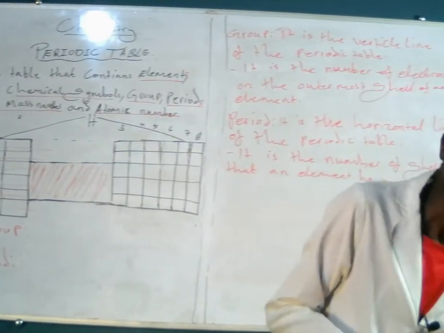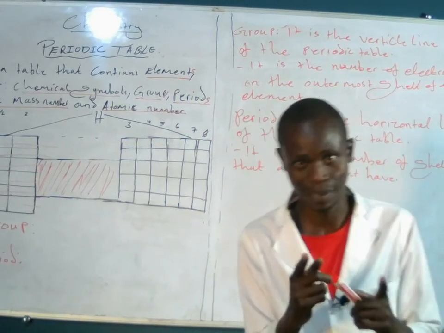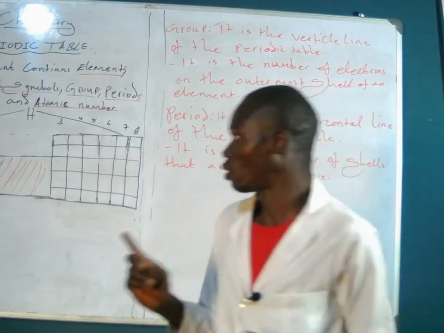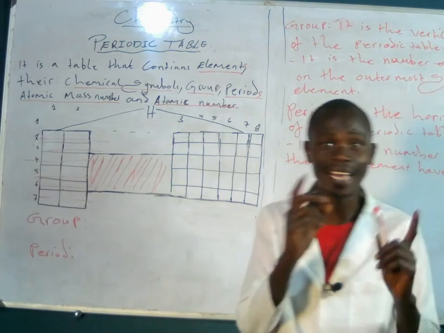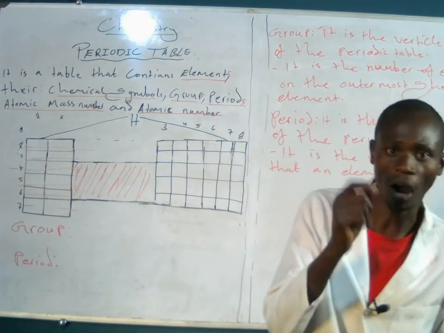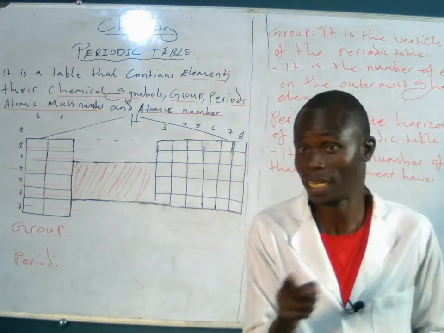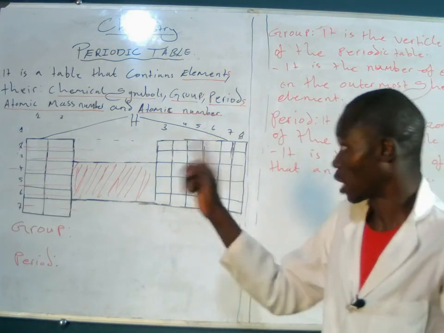The name is alkali. Now why are they given the name alkali? It is because when group 1 elements react with water, they produce what we call an alkali solution. So this is the reason why they are called alkali metals.